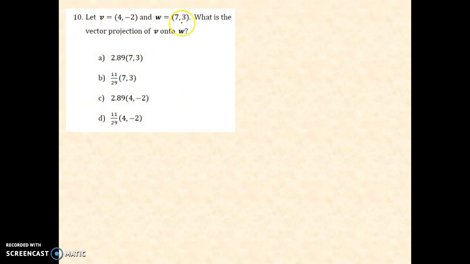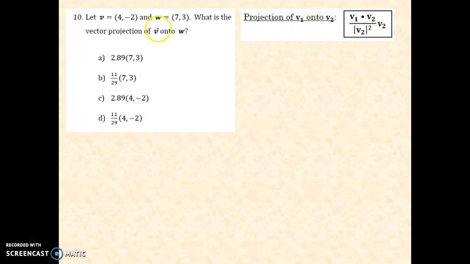Okay, so same vectors. Now, what is the vector projection? Well, the vector projection is almost the scalar projection, right? It's squared down here. So before, we had 22 on top.